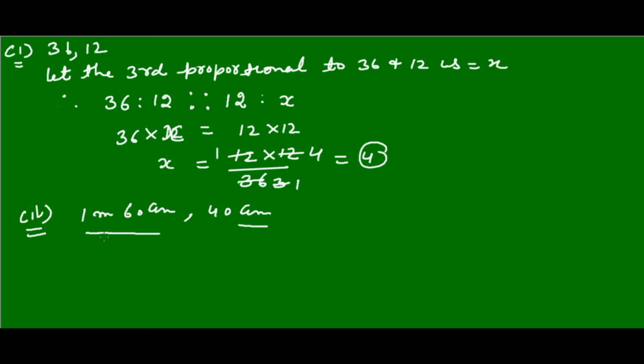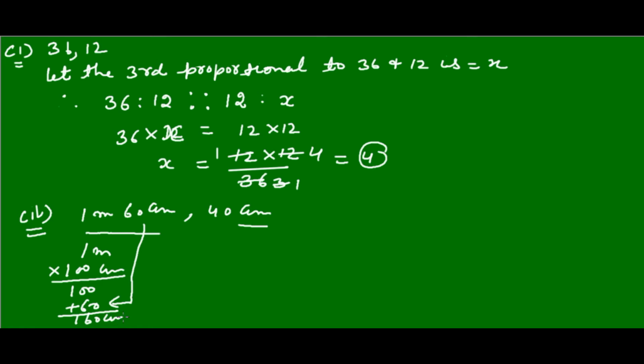Here in the first part they are given in meter and centimeter, and here it is only centimeter, right? So we will change this into centimeters. As we know, 1 meter is equal to 100 centimeters, so it will become 100 centimeter.